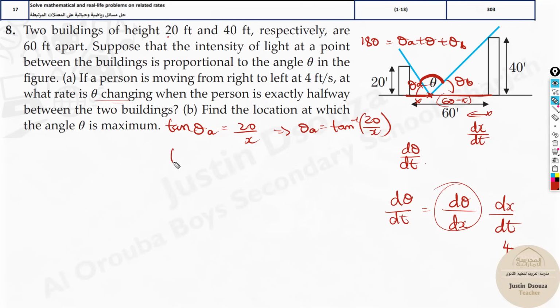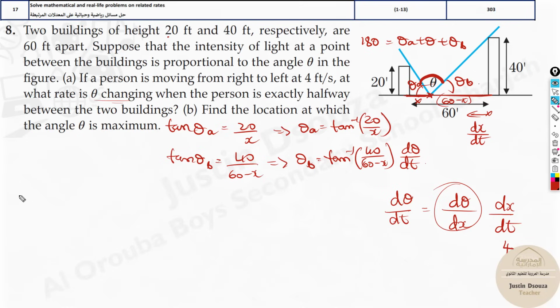Now what about the other one? Tan theta B is equal to what? Opposite, that is 40 by 60 minus x. This is equivalent to theta B, that is tan inverse of 40 by 60 minus x, close the bracket. Now all you need to do is solve these both. So substitute them over here.